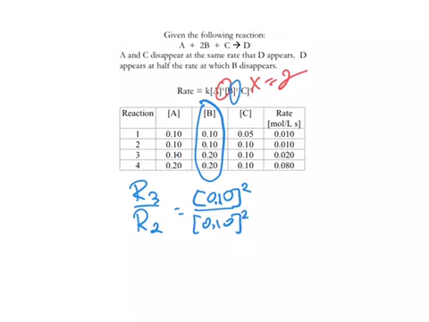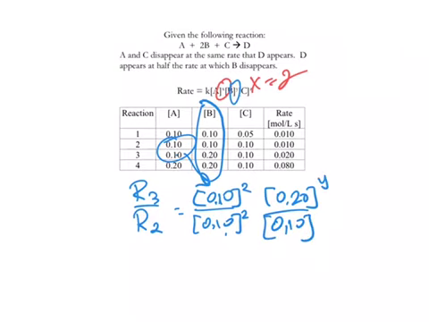But we also chose these because these are going to stay the same. So that's going to be 0.1 and 0.1. Now I'm going to take rate 3's 0.20 and divide that by 0.1, and that's going to get raised to the y power. And then I'm going to choose C, which is going to be 0.1 and 0.1.